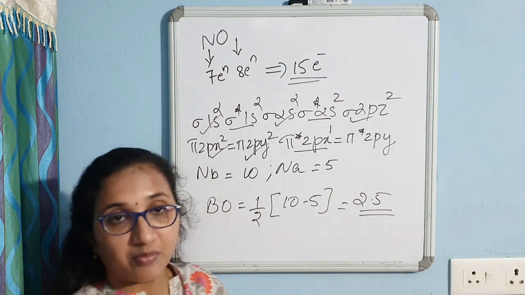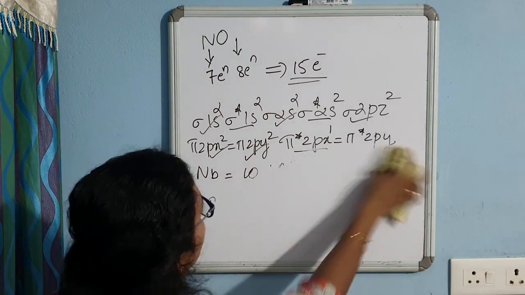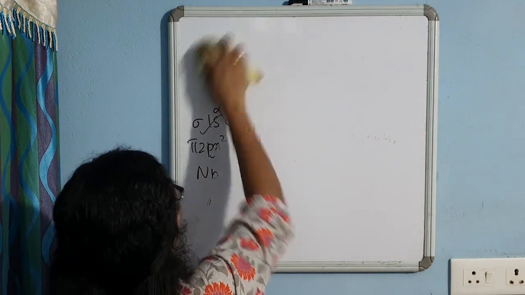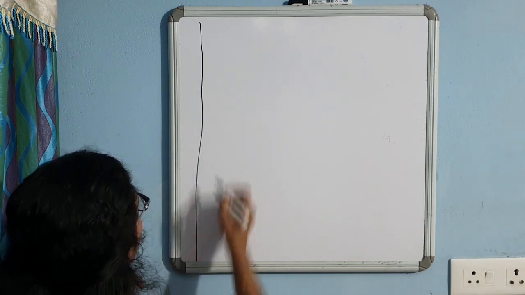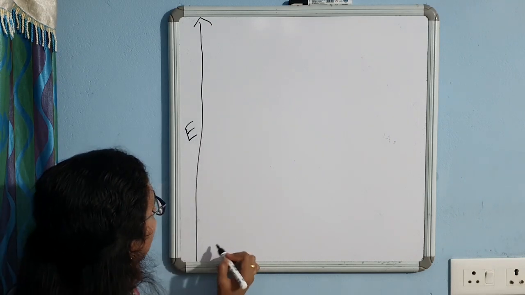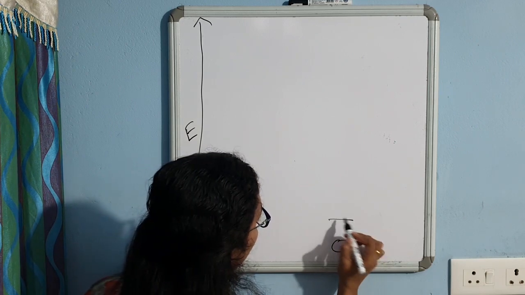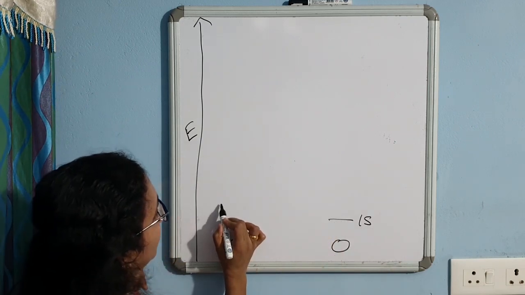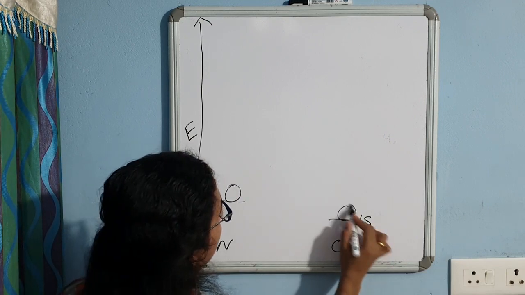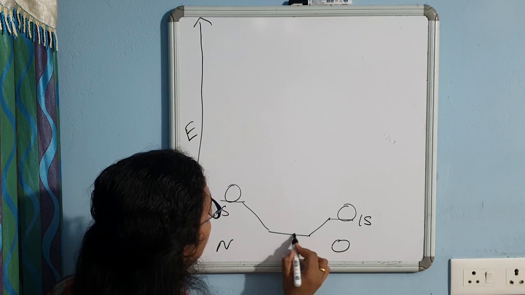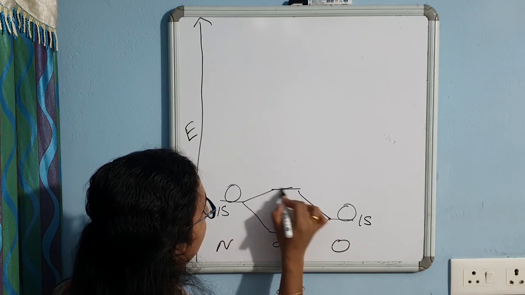Now let's see the MO diagram of the nitric oxide molecule, which is almost similar to the MO diagram of carbon monoxide, which we have already seen. We have to show the energy. Nitrogen on one side, oxygen on another side. We know oxygen atomic orbitals are slightly lower in energy. So their 1s combine by addition to give sigma 1s and sigma star 1s.